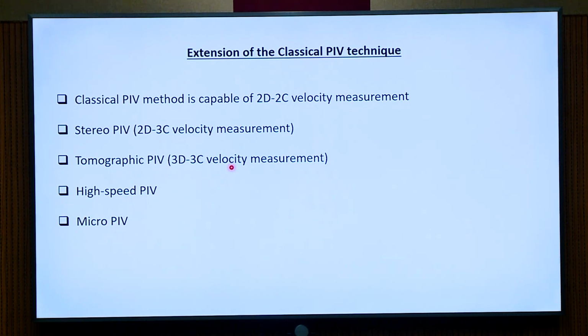Tomographic PIV, where you do volumetric imaging, where three-dimensional, three-component velocity can be measured. Similarly, high-speed PIV, where you use a high-speed laser, but that also needs to be in double pulse mode. So you have two pulses, okay, and then micro PIV.